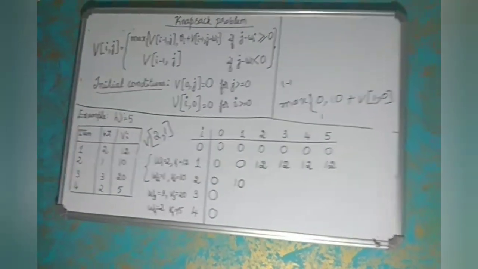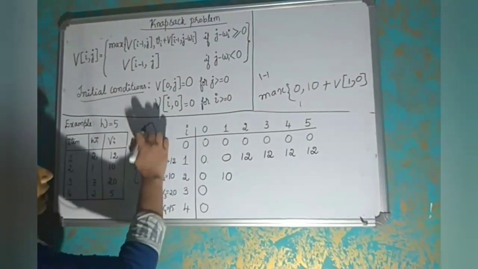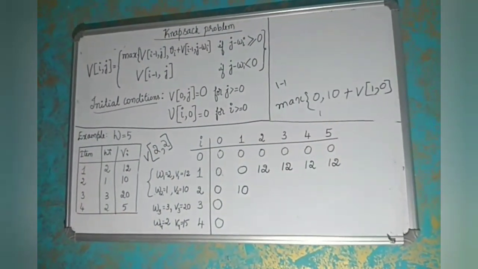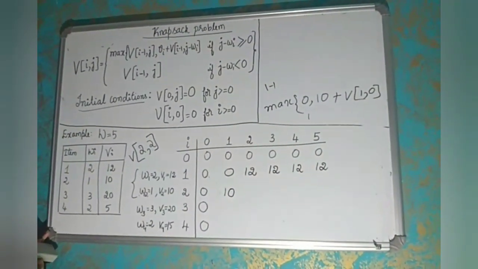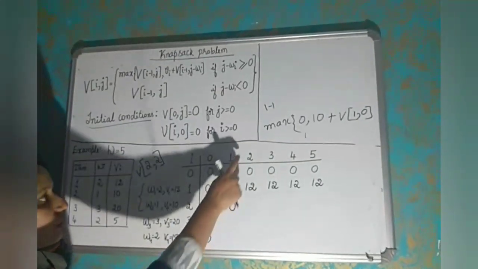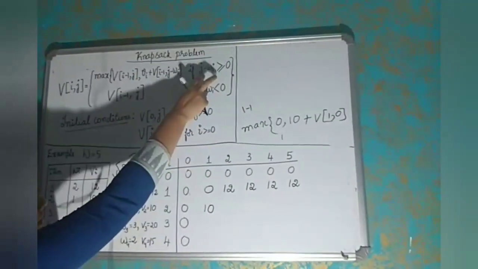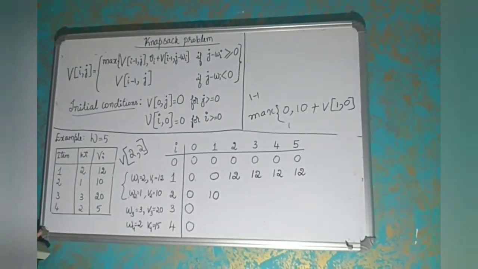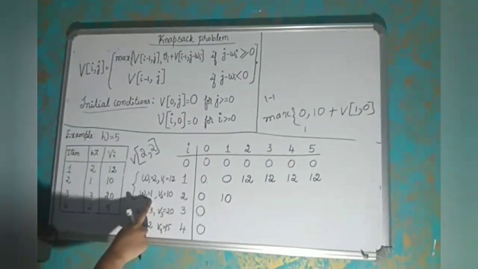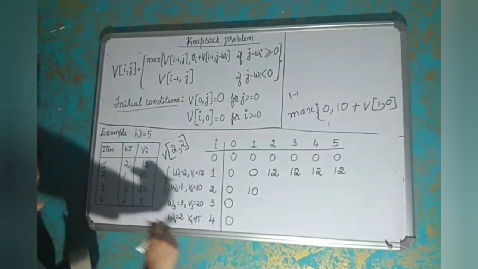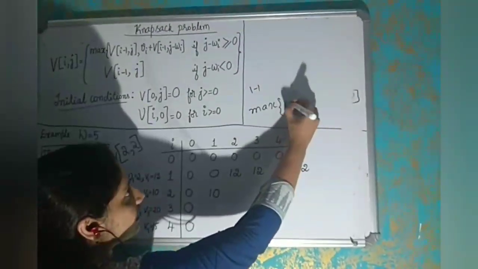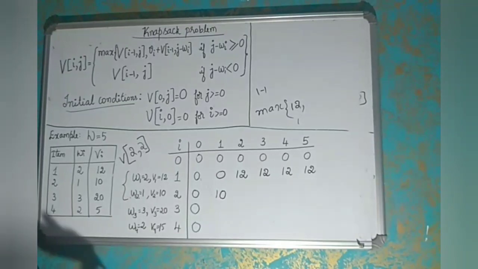Next entry, V of 2 comma 2. How do you calculate V of 2 comma 2? First see the capacity. Capacity is 2 here. j is 2. So obviously it comes to this case, right? So 2 minus weight, which is 1, is greater than 0. So it comes to the first case. So now max of V of i minus 1 comma j, that means the previous value, which is nothing but 12, comma Vi.